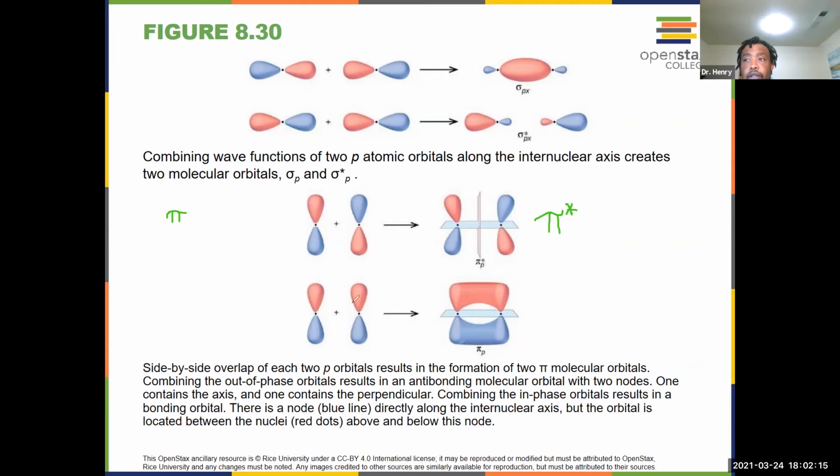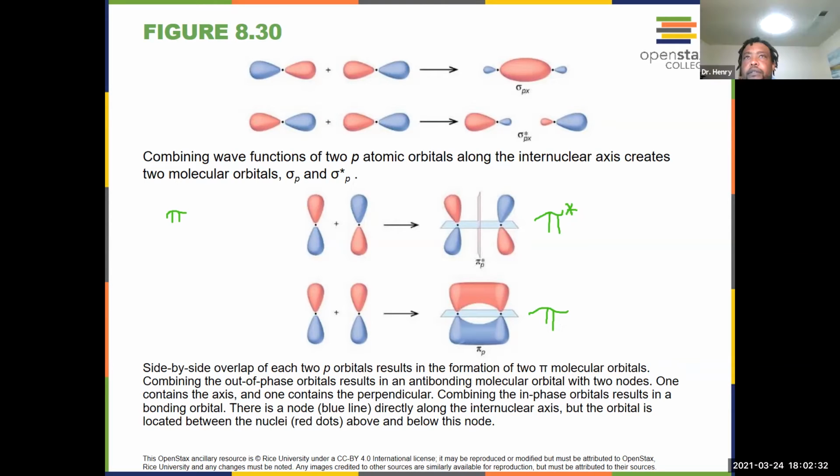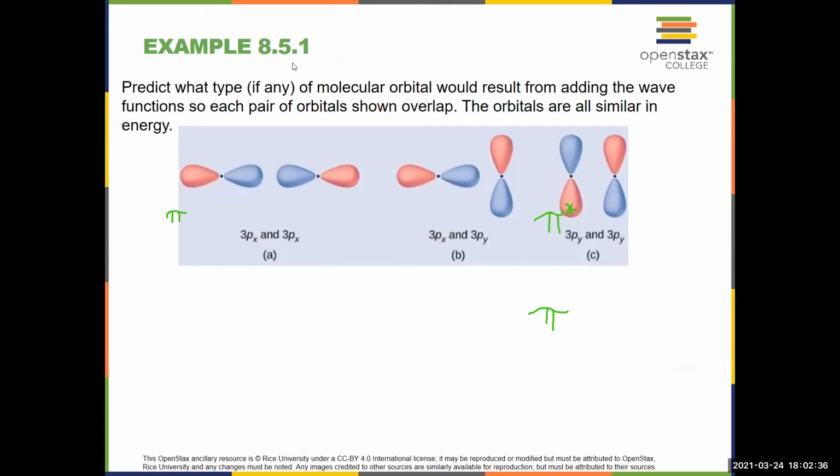But if the colors are right next to each other, then they're going to be able to merge, and we're just going to end up with a pi bond. Good, clear?